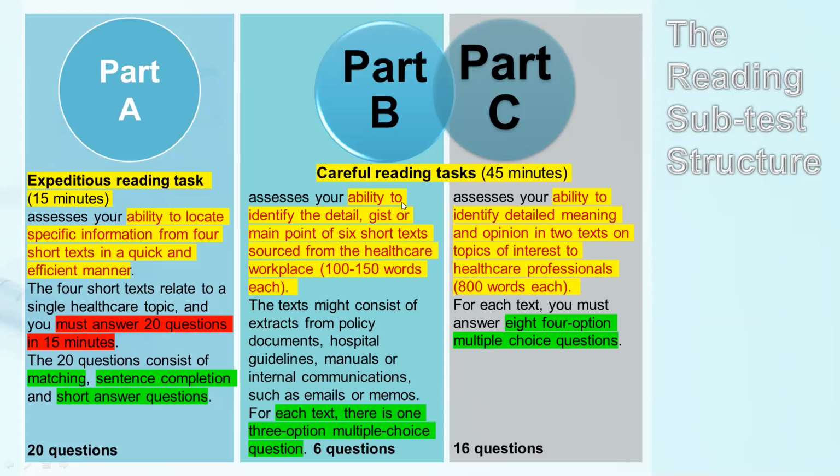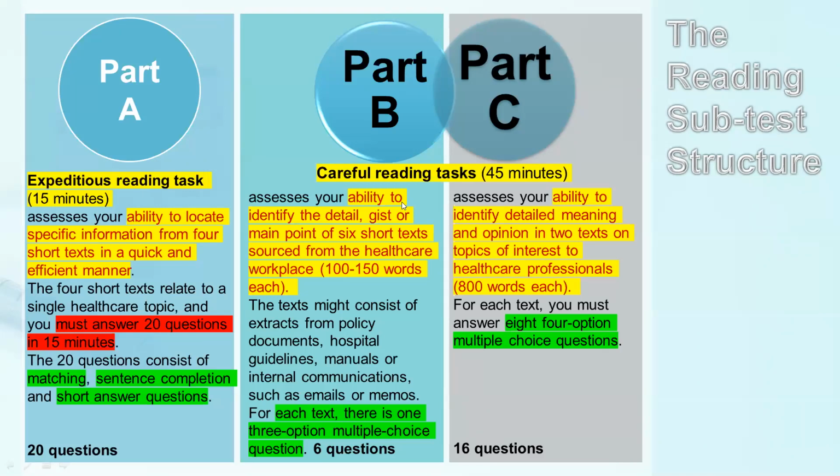For each text, there is one 3-option multiple choice question, so there are 6 questions in part B. Part C, which is the last part, assesses your ability to identify detailed meaning and opinion in 2 texts on topics of interest to healthcare professionals.